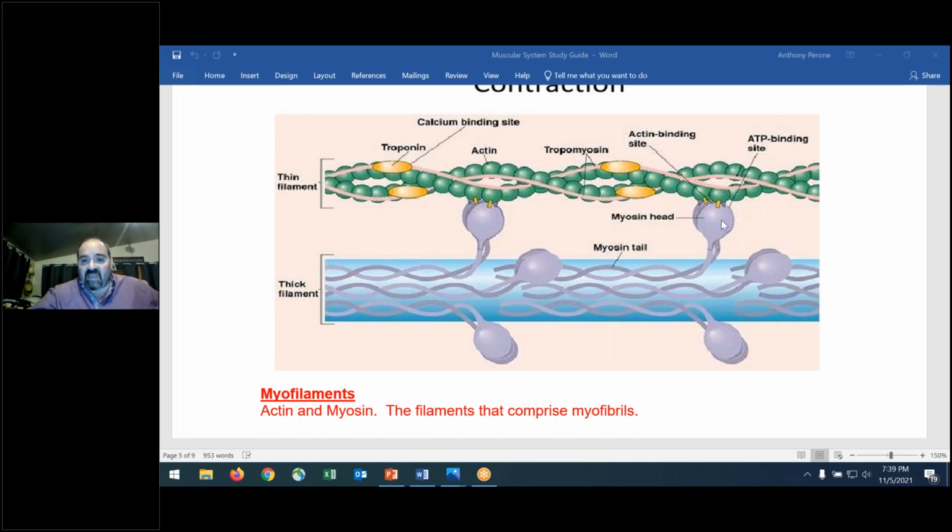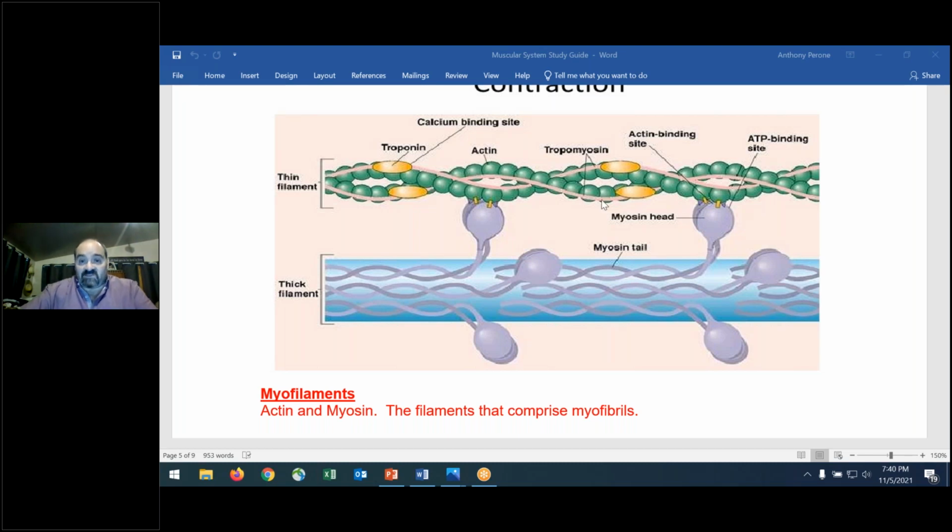The myosin heads will actually move and slide actin, this whole green structure here. That structure is actin, and it will slide as the myosin heads pivot. Connecting, sliding, disconnecting, connecting, sliding, disconnecting, right? We've seen this in the video, okay?